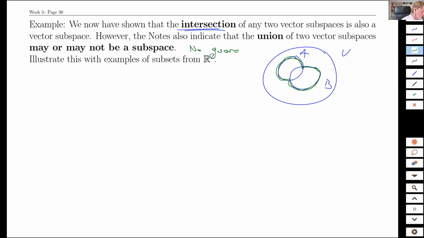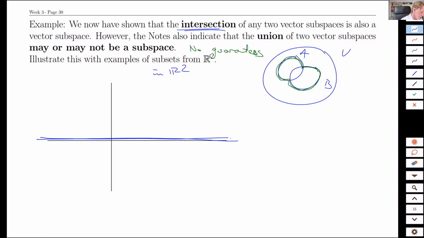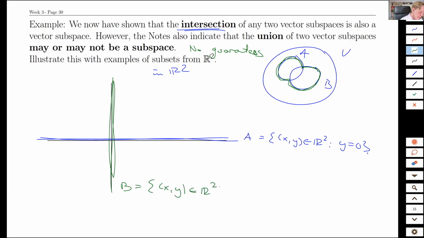There's an easy counterexample, which is if I have in R2 one line here, let's call this my A, which is the set of all x's and y's in R2 such that y equals 0. That's a perfectly valid vector space. And let's get this other one over here. Let's call this B, which is the set of all x's and y's in R2 such that x equals 0.